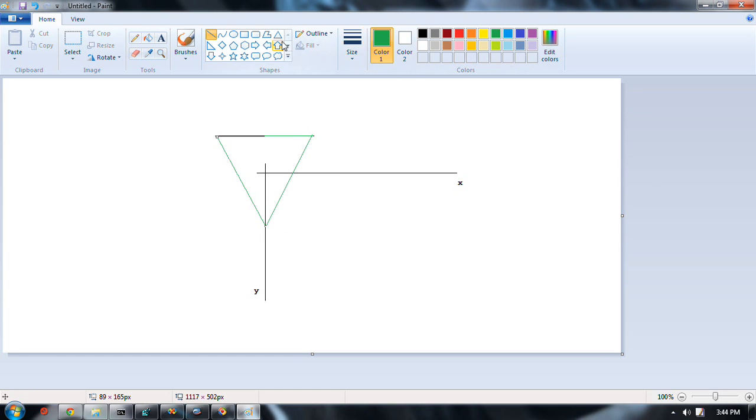Now the Z plane comes out, let's say it comes out this way, by the Z axis. And it goes in like that.